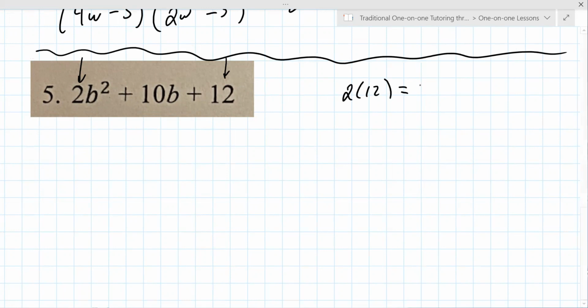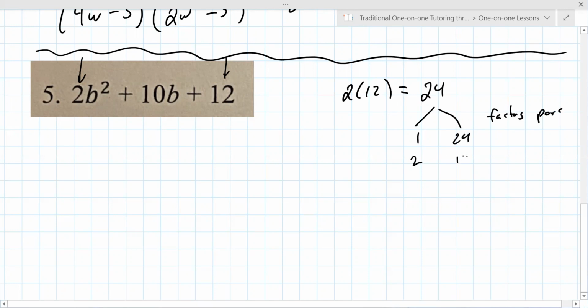What is 2 times 12? Equals 24. Very good. Now you want to find all the factors, the pairs that multiply to 24. So like 1 and 24, 2 and 12, 3 and 8, 4 and 6. Do any of these add up to positive 10?